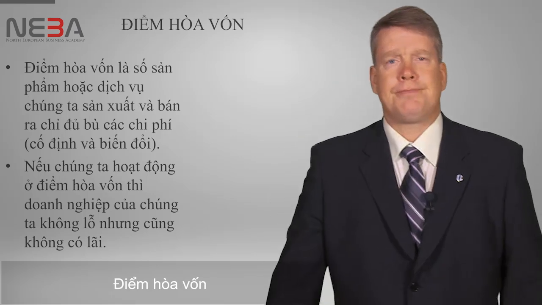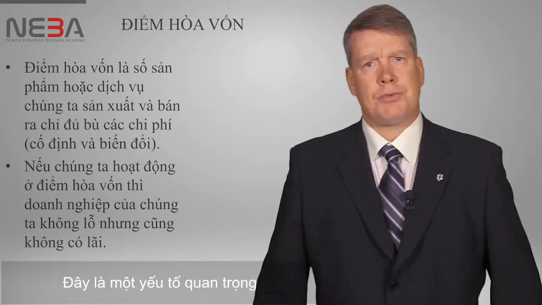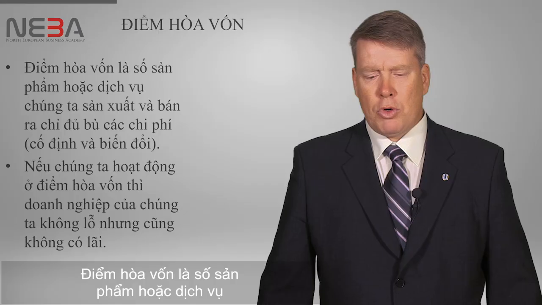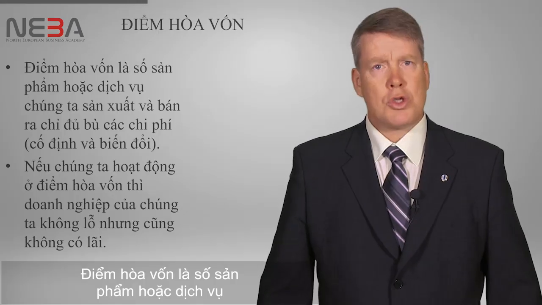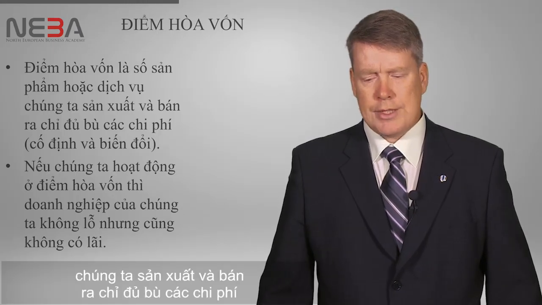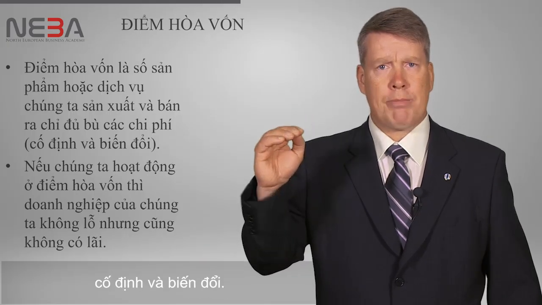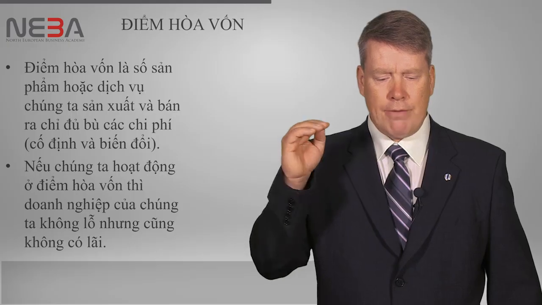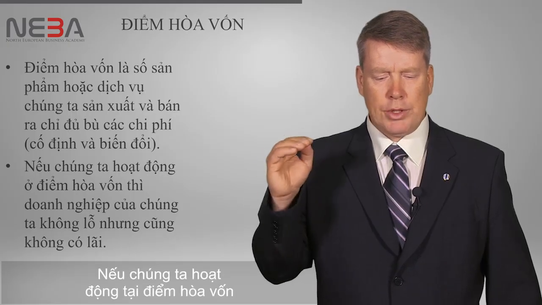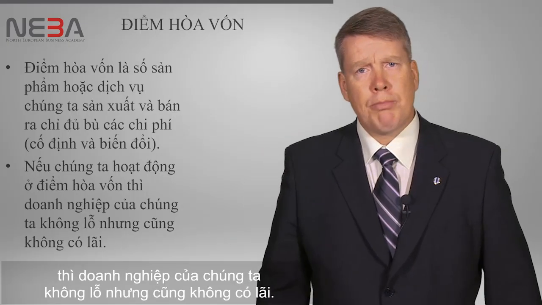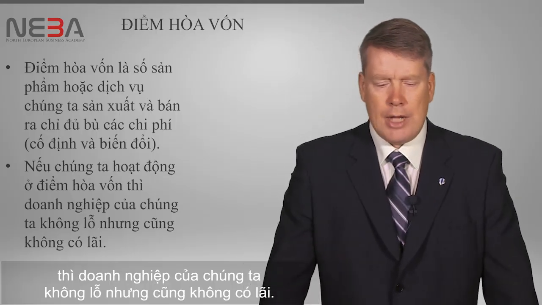Break-even point. This is a very important issue. Break-even point is the amount of products or services we produce and sell that just covers all the costs, fixed and variable. If we operate at break-even point, our company makes neither loss nor profit.